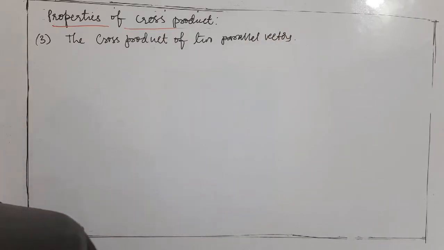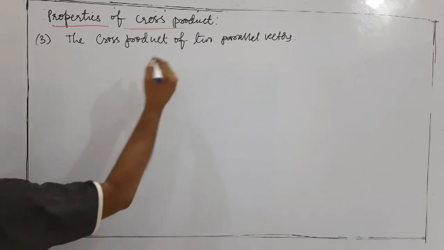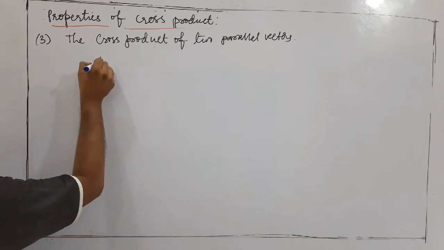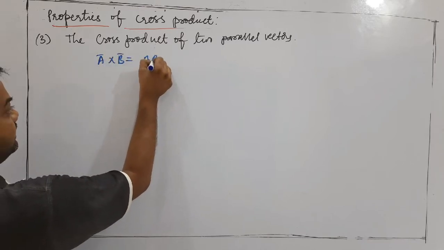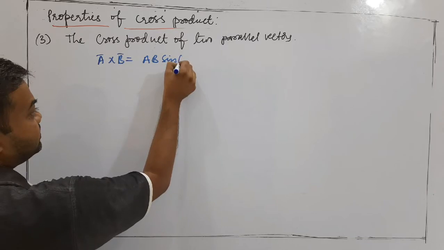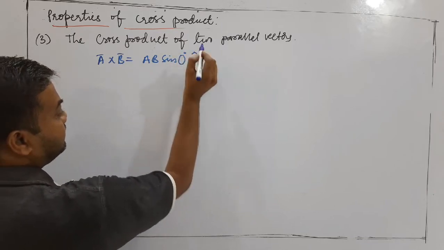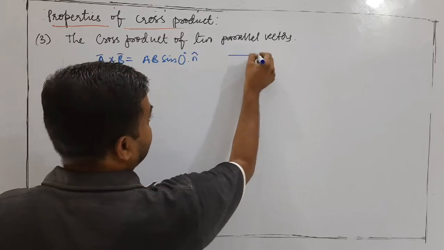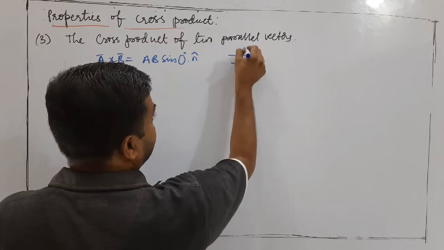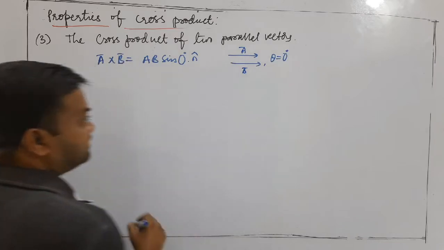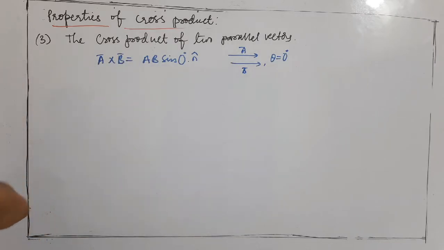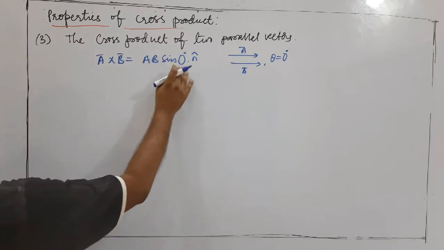The cross product A bar cross B bar is equal to AB sine 0 into n cap, because if these two, A and B, are parallel, the angle is 0 degrees, so sine 0.